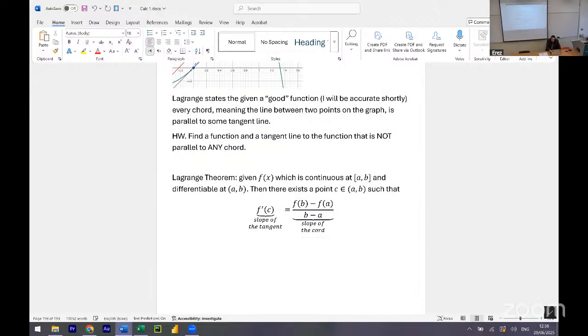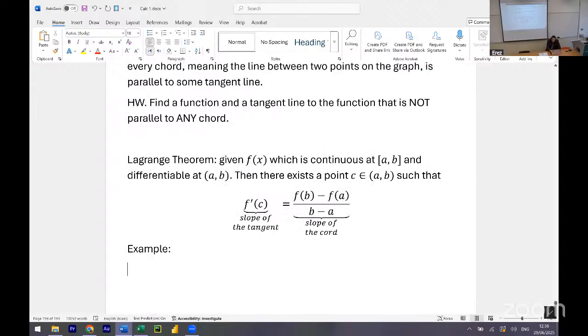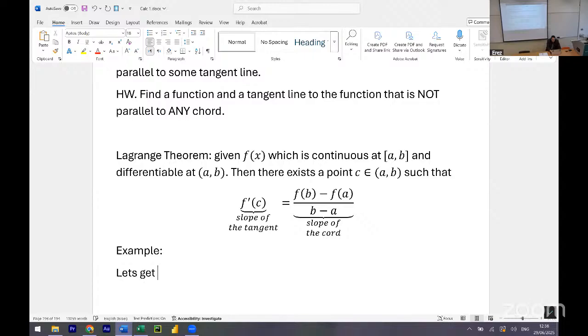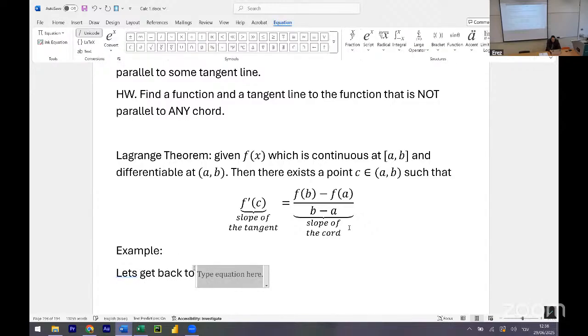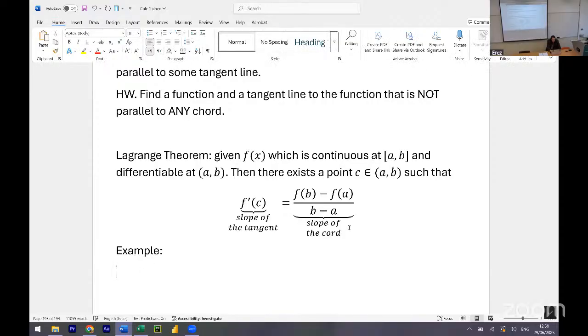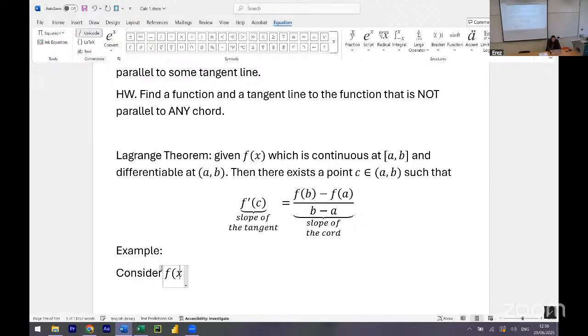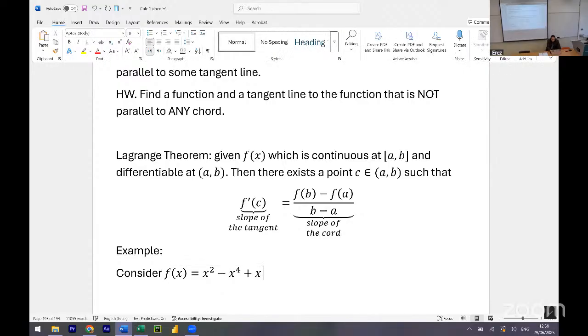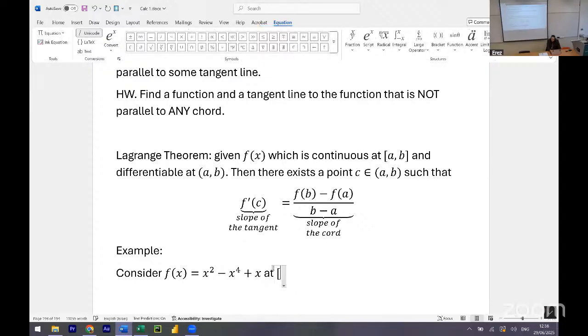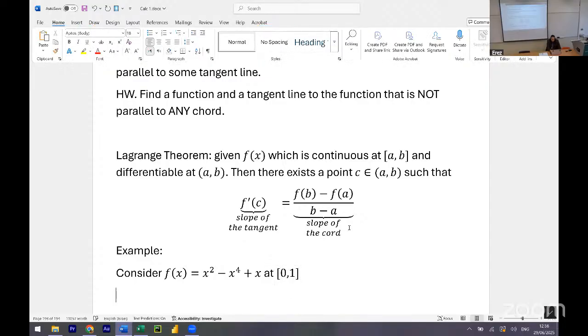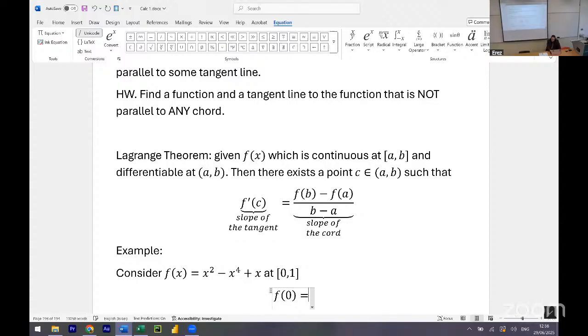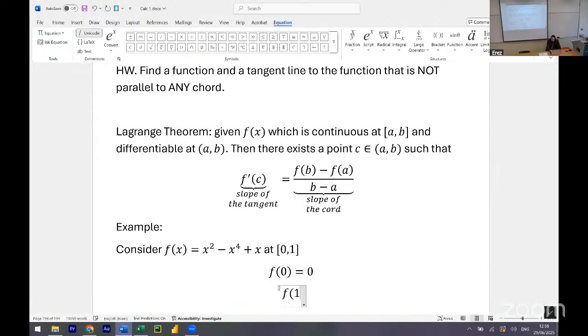So, example. Let's get back to f of x, and consider f of x equals x squared minus x to the fourth, and I added an x, on 0, 1. f of 0 is 0, f of 1 is 1.